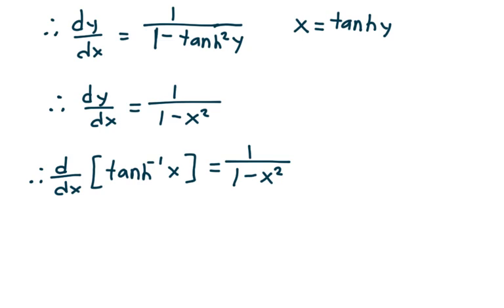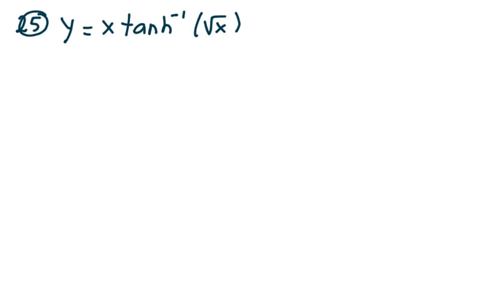Now, with that in mind, let's take a look at number 25. On 25, we want to find the derivative of y equals x times the inverse hyperbolic tangent of square root of x. dy dx is equal to, so I'm going to write down the first function, which is x, and multiply by the derivative of the second function.